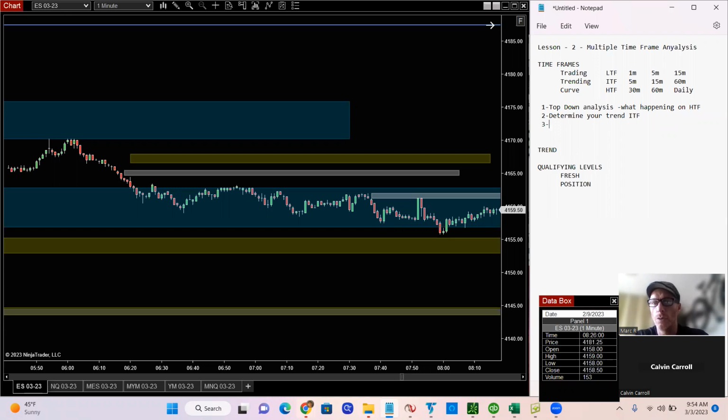And lastly, you want to find your trading areas or zones, right? So you're going to label your zones, and you're going to do that on your lower time frame. Okay. Again, this is basics. This could be happening on a 1-5-30, a 5-15-60, a 15-60 daily, or any numbers you want to put in here.